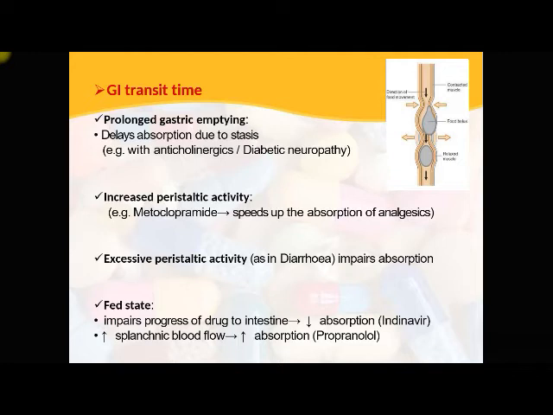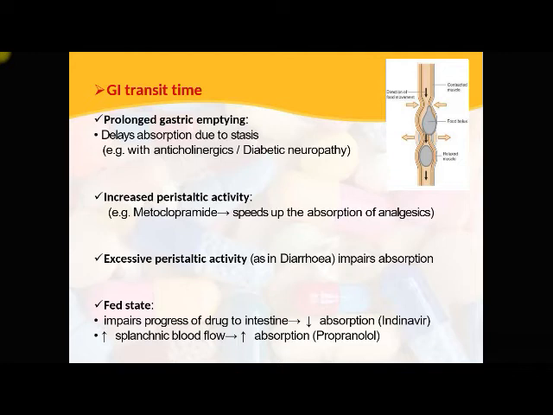So this is basically applicable to drugs which get absorbed in the small intestine. If the drug is known to get absorbed in the stomach, then it is actually beneficial to have the drug along with the meal or just after the meal.